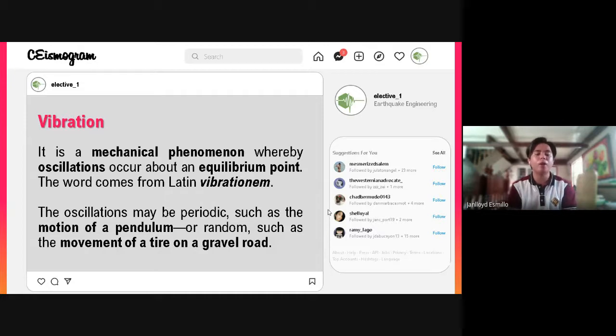So meron pong action or motion na nagaganap in vibration, whereby oscillations occur about an equilibrium point. The word vibration comes from the Latin word vibrationem. The oscillations may be periodic, such as motion of a pendulum, or random, such as the movement of a tire on a gravel road.